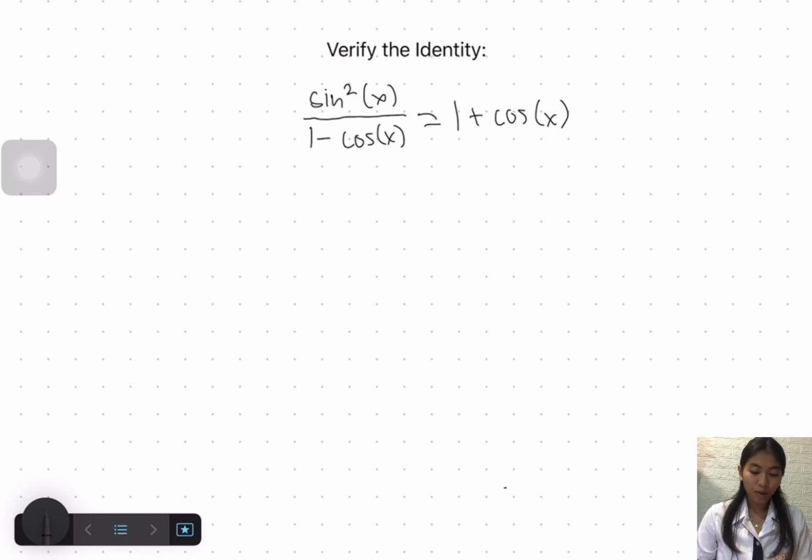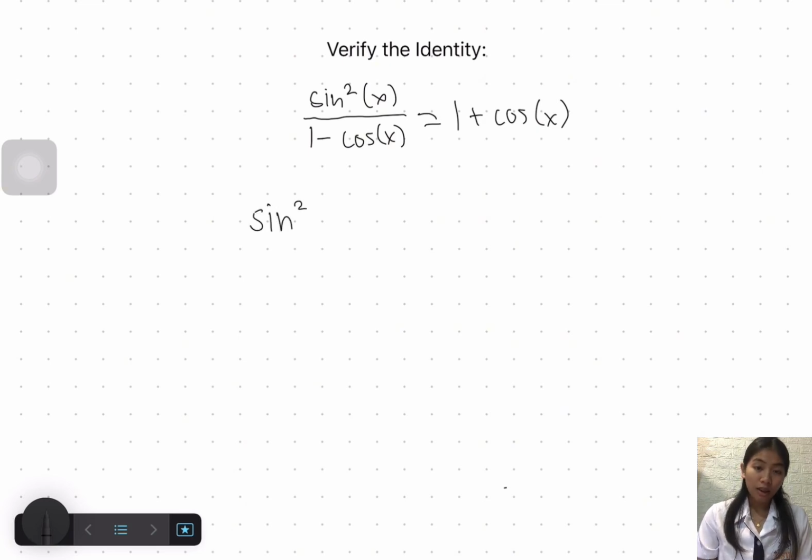So we need to identify first which side is more complex. Obviously, the more complex side is sine squared x over 1 minus cosine x. So we are going to work on this side.